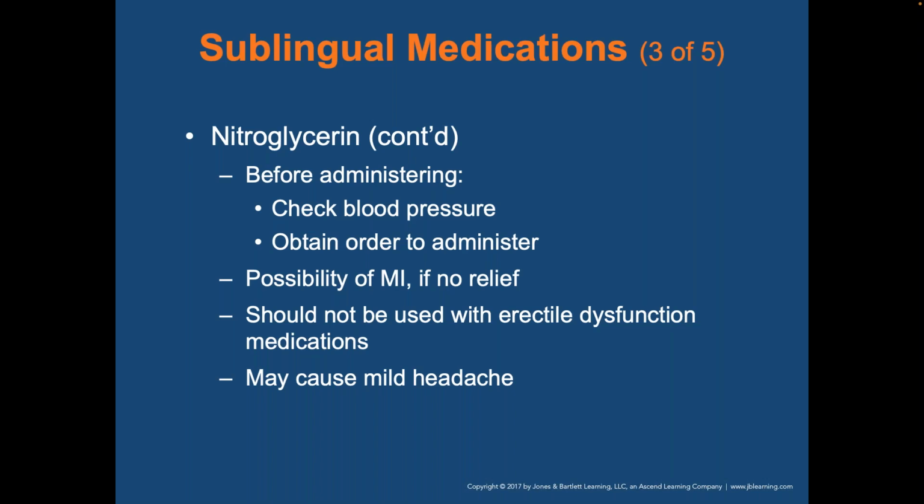Will the bleed get better or will it get worse? Will it get worse? Absolutely, it'll get worse. You're going to make that bleed even worse in the brain, and then it's going to cause more negative effects later on. So if you have a patient with stroke-like symptoms and active chest pain, contact medical control.